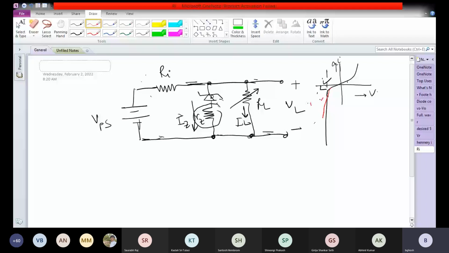So this slope corresponds to 1 by Rz. Though the Rz is small, this is true for a practical Zener diode. So the Zener diode combined with the Rz.